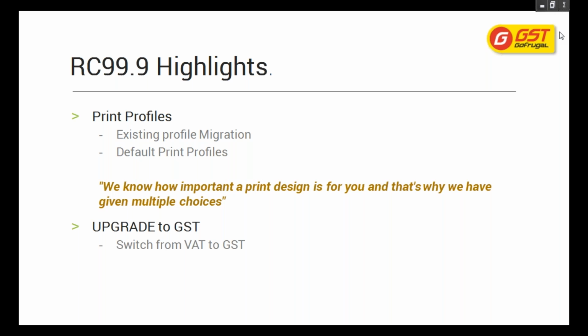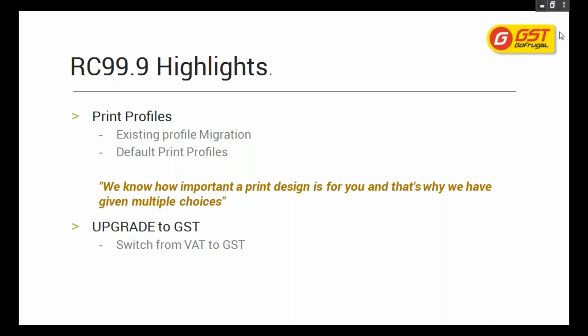For example, even if you are using Tamil or Hindi regional language in your bill print with VAT format, once you migrate to GST, the same profile will be there, with the exception that instead of VAT, we will be showing the GST percentage. And the calculation of VAT also will be replaced by the GST calculated tax amount.